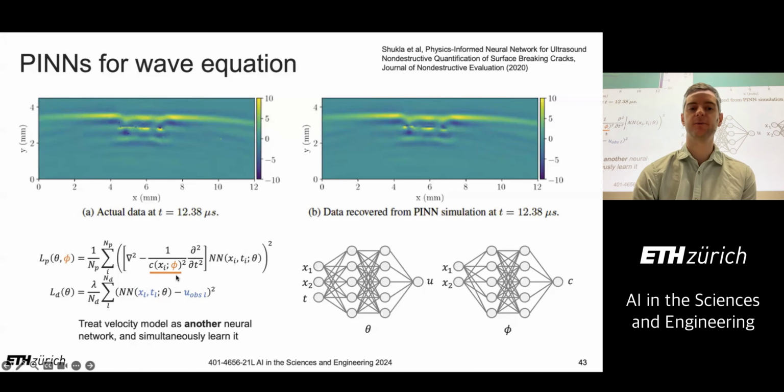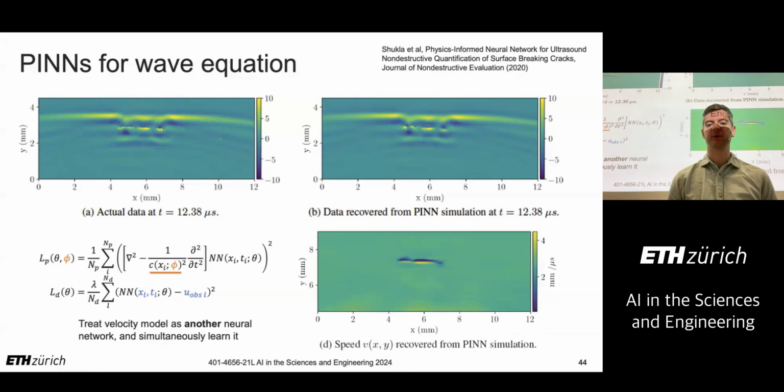Instead of knowing what the velocity is, we're going to approximate it with another neural network, which has extra free parameters phi. So we can just say velocity is a function of x, approximated by some additional neural network with some free parameters. And when we train the neural network, we're going to jointly optimize theta and phi at the same time. Does that make sense to everyone? Yeah. Okay.